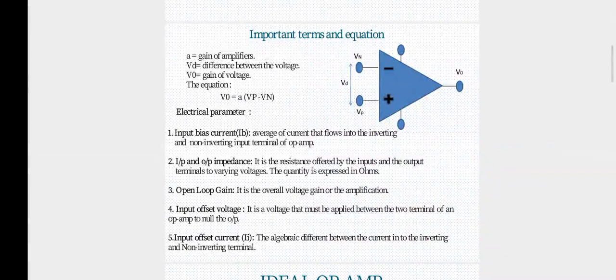Then the loop gain is generally called the overall voltage gain of the amplifier, and the input offset voltage must be applied between the two terminals of an op-amp to null the output. Then the input offset current is the algebraic difference between the currents into the inverting and non-inverting terminals. So these are the electrical parameters of the op-amp.